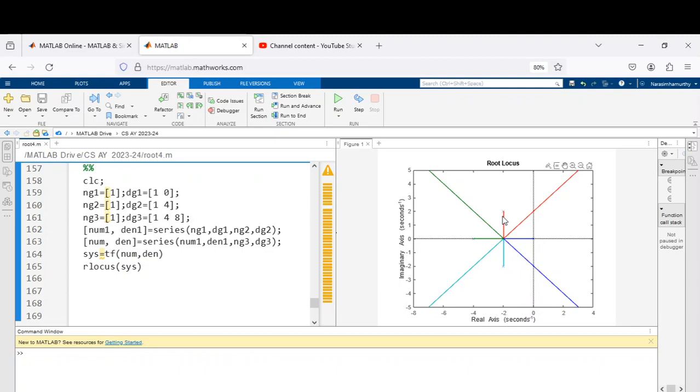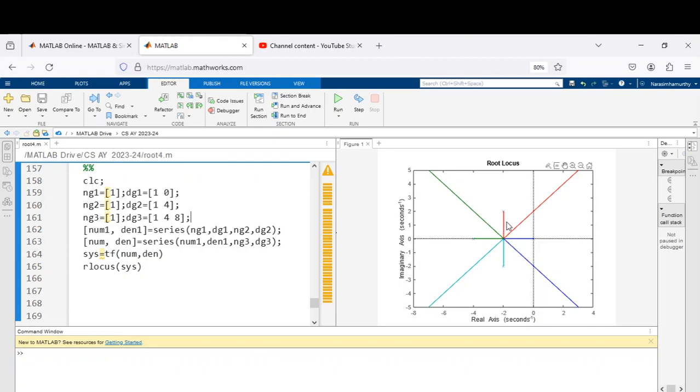Now what you can do is, as I already shared the material, you can slightly make this pole come down here. Let the complex pole real part be -2, and let us make the imaginary value -1 instead of -2.